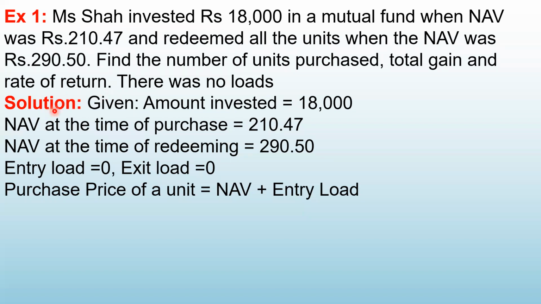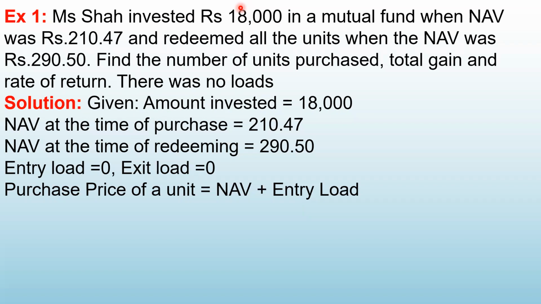So what is given to us? The amount invested is 18,000. Look at here. Ms. Shah invested rupees 18,000. So this is the amount invested. I have written here, amount invested is rupees 18,000. Now one thing is clear. Amount is invested.